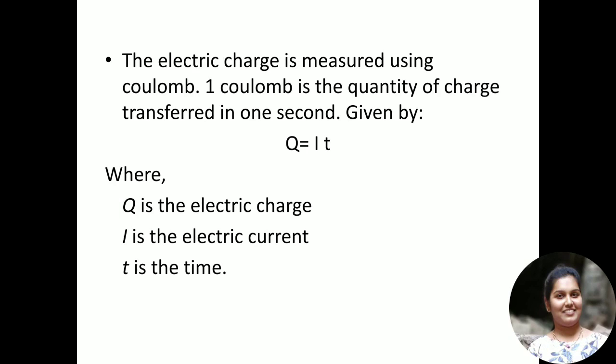Charge can be represented as Q is equal to I into T, where Q is the electrical charge, I is the electrical current, and T is the time. With this relation, Q is equal to I into T, it is clear that the charge Q is directly proportional to the electric current.